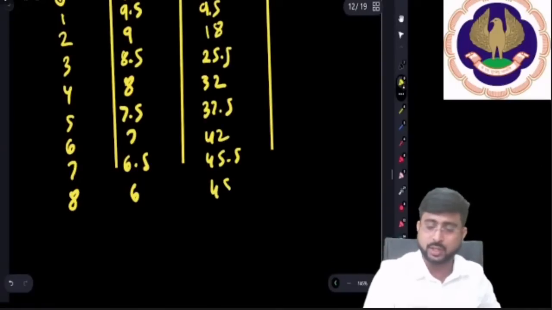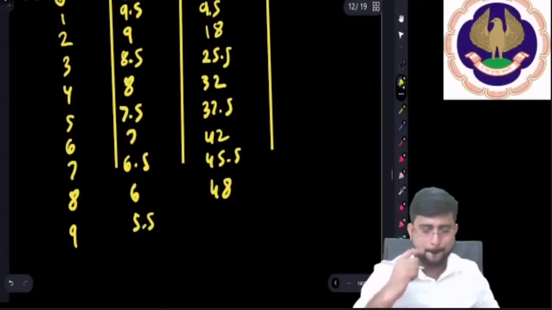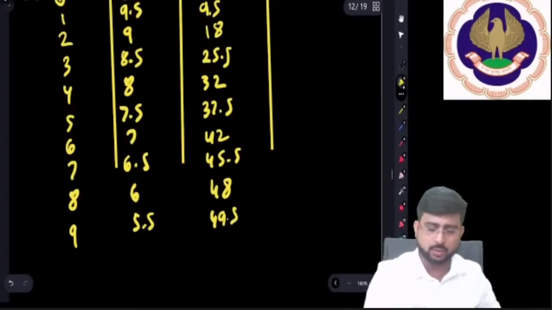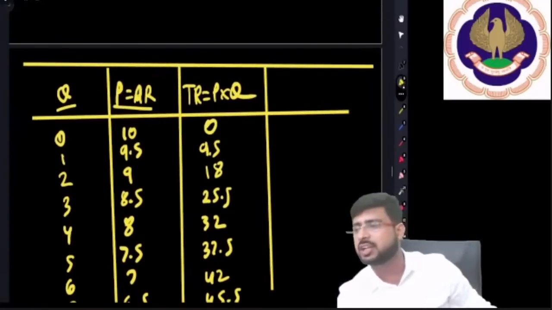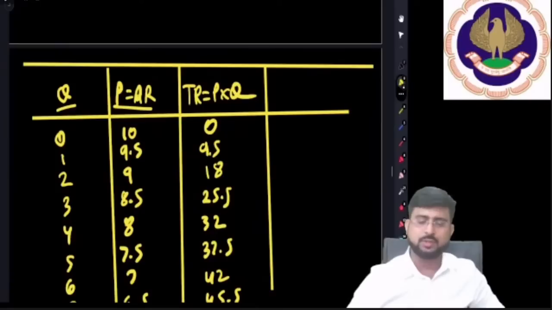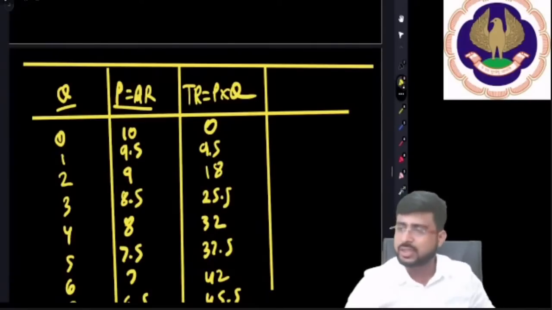Here it is 48, here it is, let's say, 49.5 around, here it is, let's say, 50. So what I'm trying to tell you is this will continue. In order to sell more, they will have to keep reducing the prices.